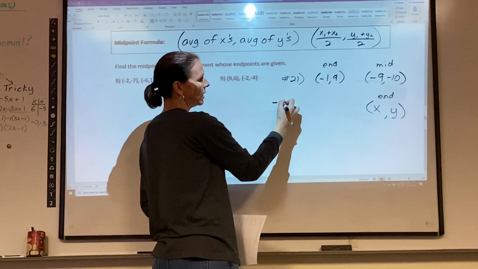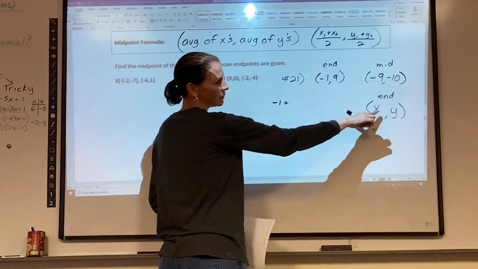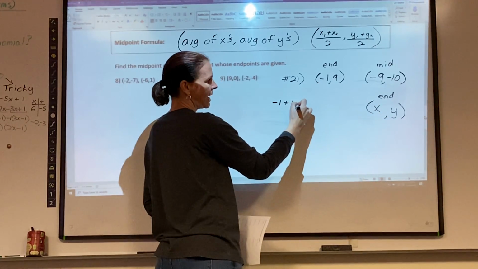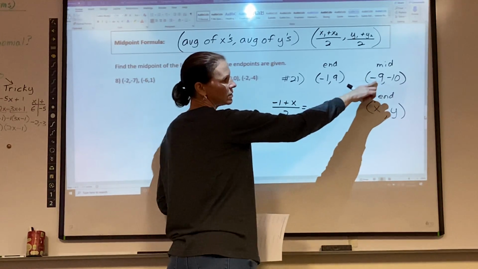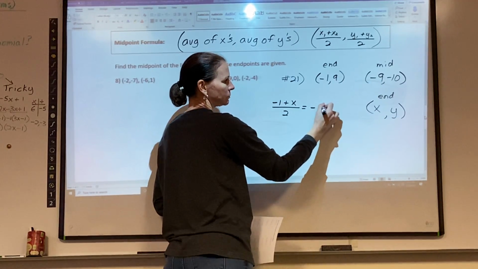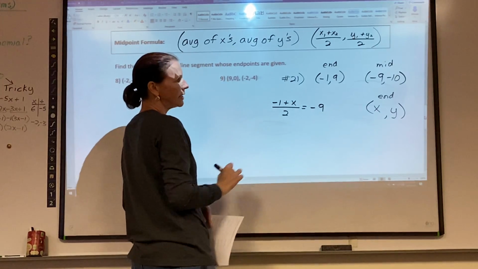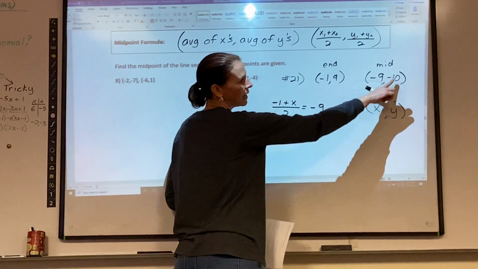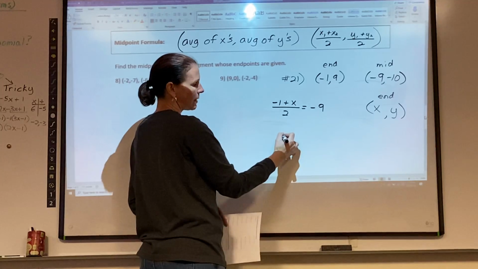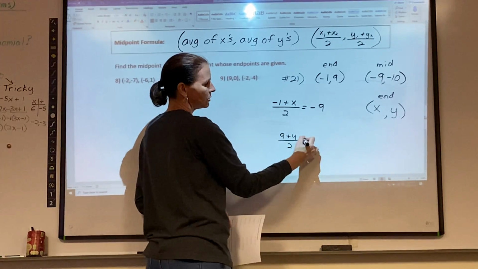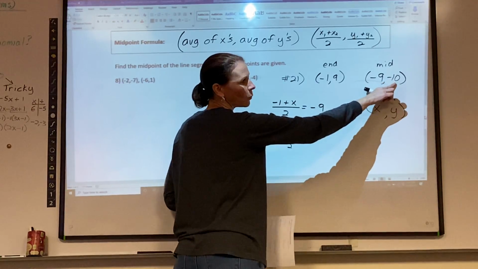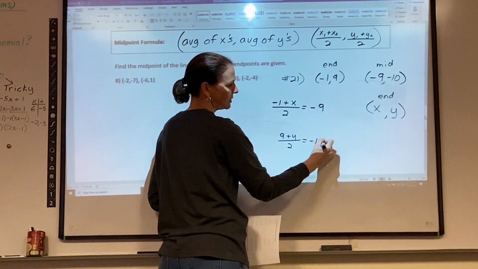So -1 plus my other x value, I'm just calling x, and then divided by 2, that gives me -9. For my y's, when I found their average, I got -10. So that means 9 plus y divided by 2 equals the y coordinate of our midpoint, -10.